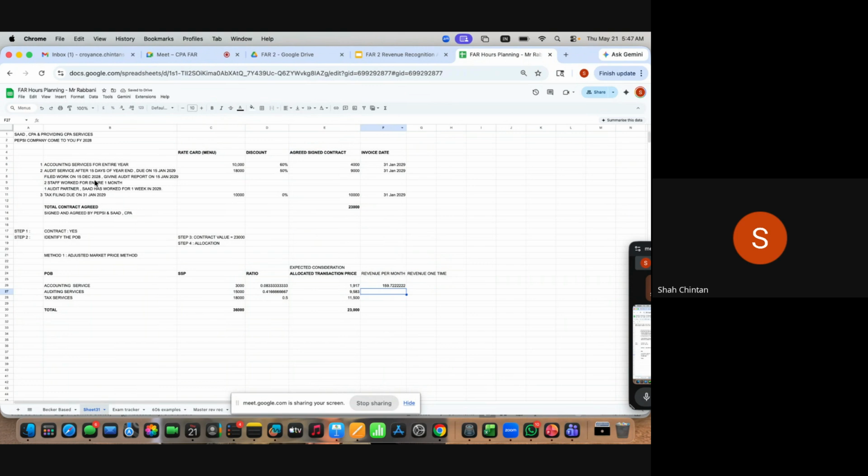Auditing services you are giving from 15 December to 15 January, so 9,583 divided by 31 days times 15 days in December and 15 days in January. So you are going to have two months of revenue. And tax services are a one-time service: you just accumulate all the data and file the tax return, so one-time revenue will come.